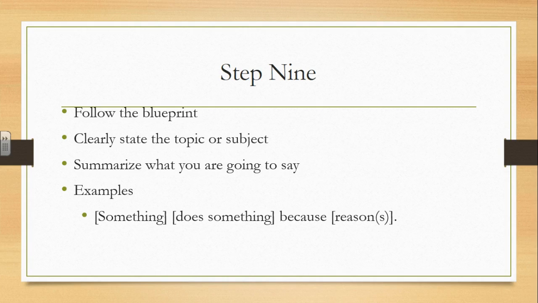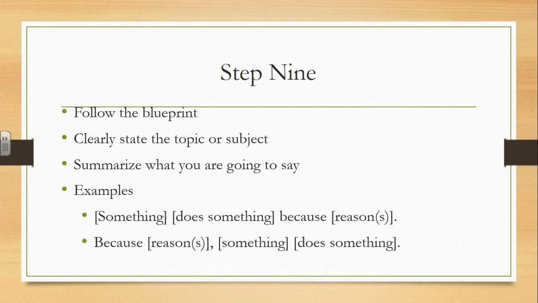Example: something does something because of reasons, okay? Goats climb on top of stuff because it makes them feel important and they have energy to burn off. I can write a thesis about that. The other one could be, because goats have energy to burn off and they want to feel important, goats climb on top of something. Boom, I'm explaining what's going on right there. The same words could fit into each sentence.